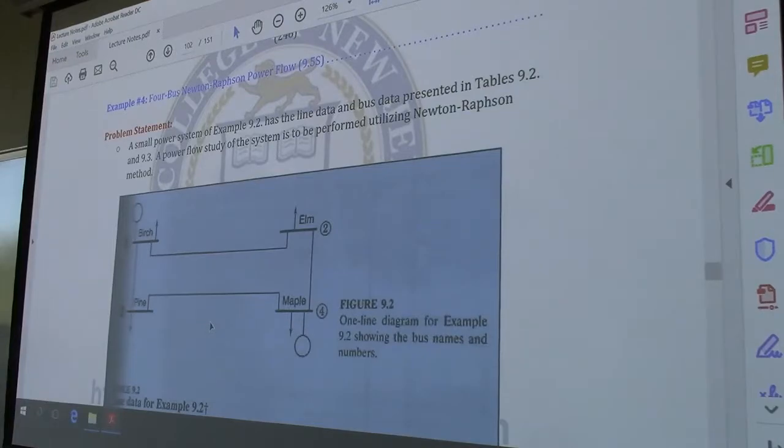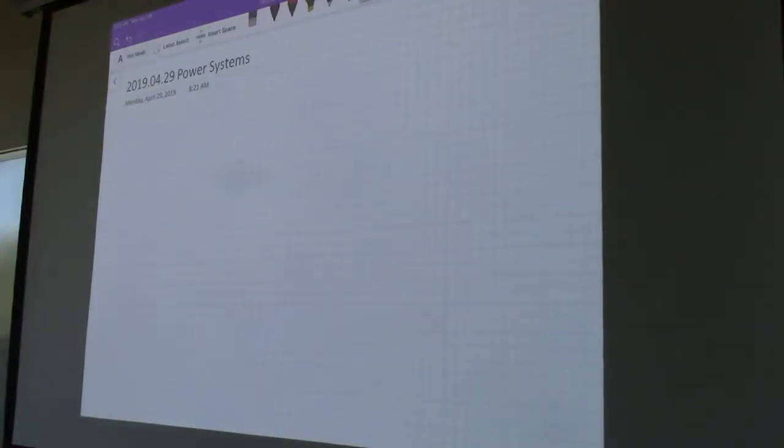All right, so let's go ahead and jump in. Okay, 4-bus Newton-Raphson power flow.